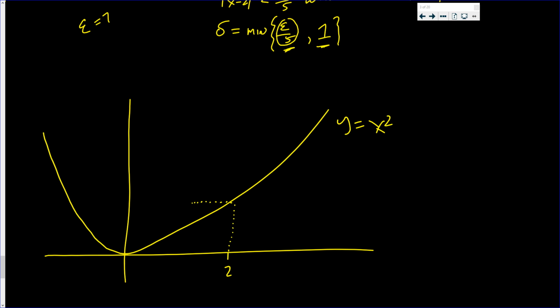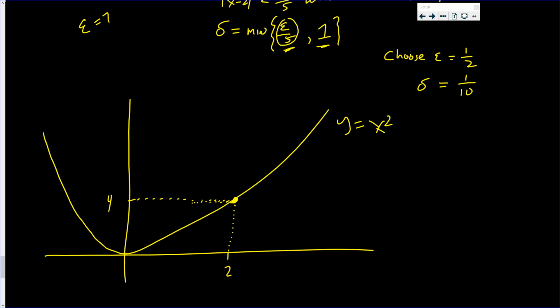So whether this point is filled in or not, that's the limit which we claim is 4. Now, if I say epsilon is equal to a half, then delta would be epsilon over 5 or a tenth, which is less than 1.